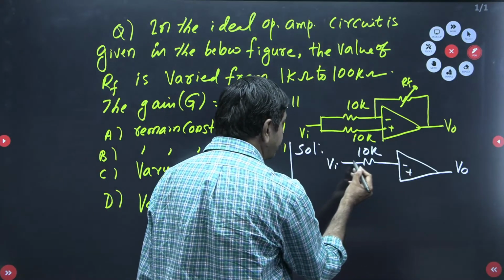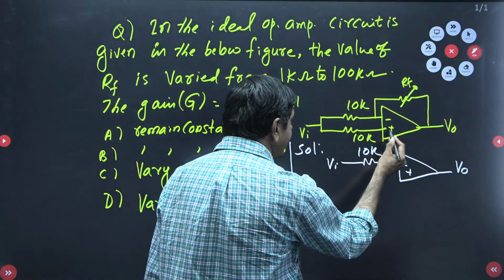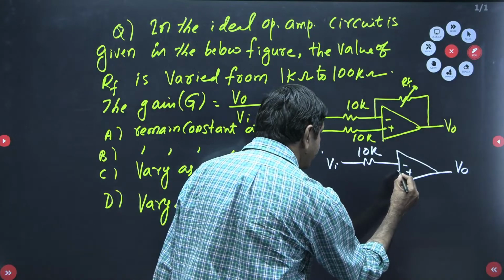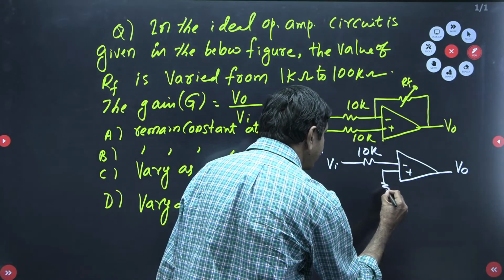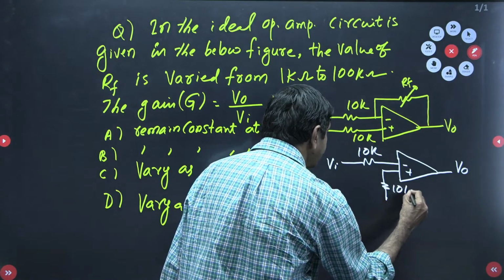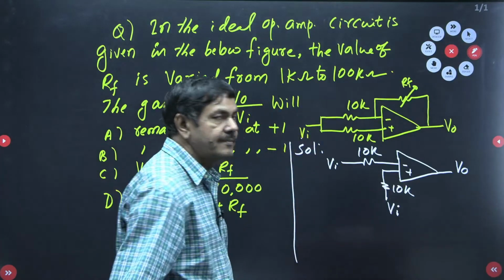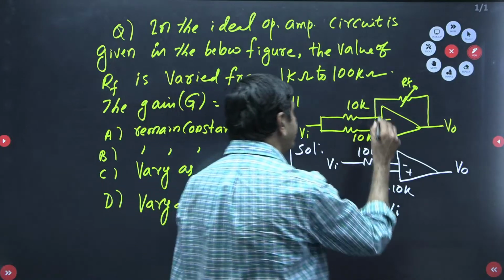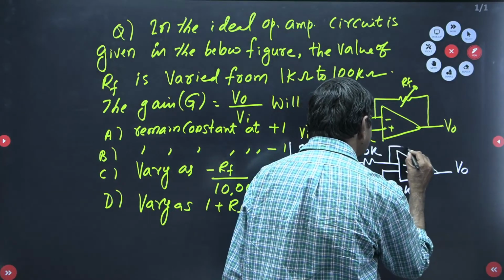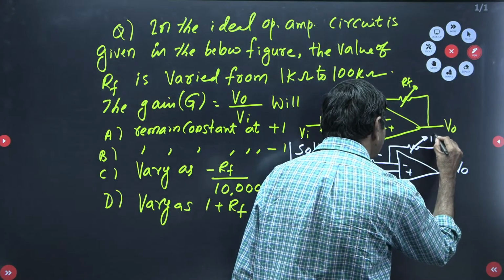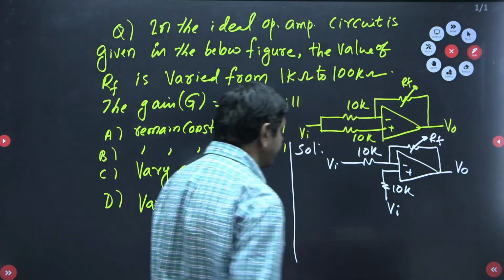For the negative terminal 10K and VI is given. For positive terminal 10K and VI is given. Just I want to bend this. 10K is given here, and also VI is common for both. There is an RF. I would like to draw that. That is a variable. Its value changes, it is given here now.